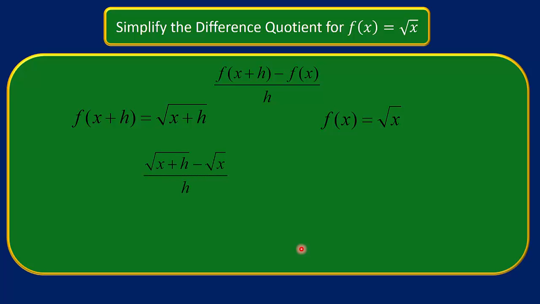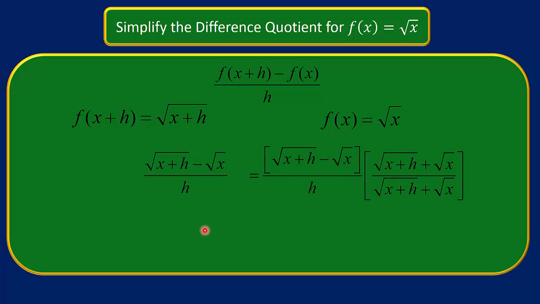Now the trick with the other one was we multiply by the least common denominator. Now the trick here is we're going to multiply by the conjugate. Now, when I say conjugate, notice the square root of x plus h minus the square root of x, its conjugate would be the square root of x plus h plus the square root of x. Notice this one's minus, this one's plus.